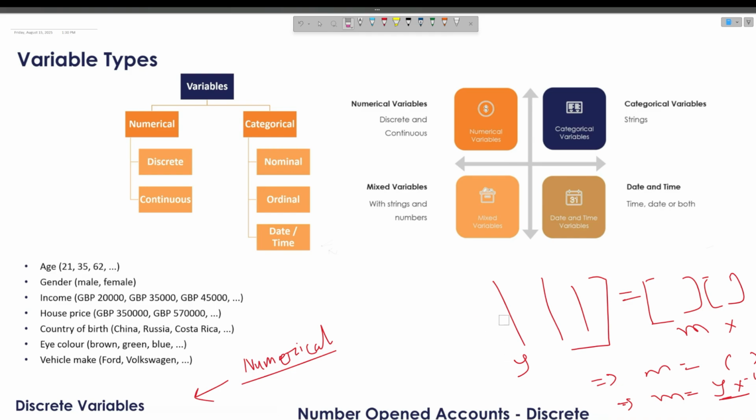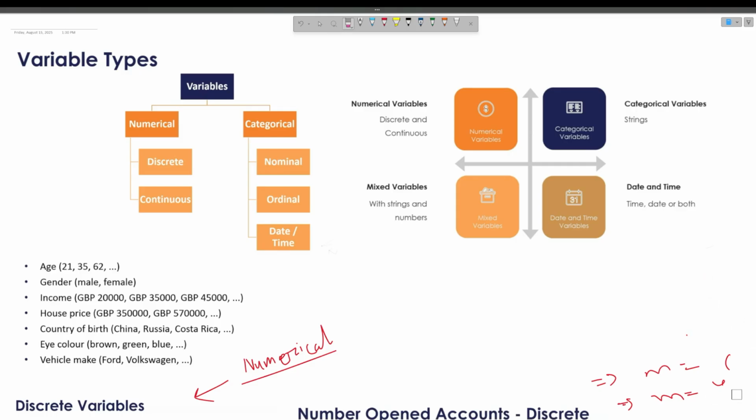But the question remains: how are we going to create this matrix? Because in real life we have lots of data. We collect that via lots of techniques, like surveys, maybe Google Forms or others we fill out, right?